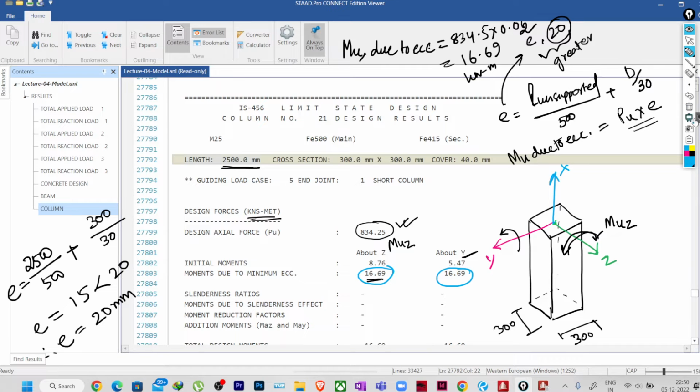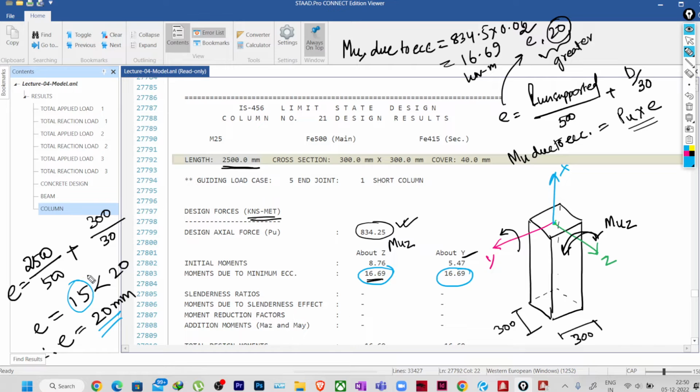Now the problem here is that the code says we need to check with the unsupported length, but the software is calculating, though we have considered 20 mm, in some cases you will see that the calculated eccentricity value is higher than 20 mm. In that case, for this calculation it is not an issue, because anyway we are taking 20 mm.